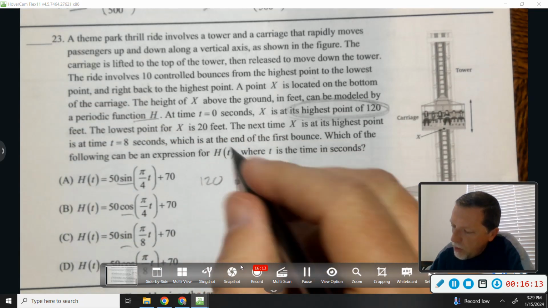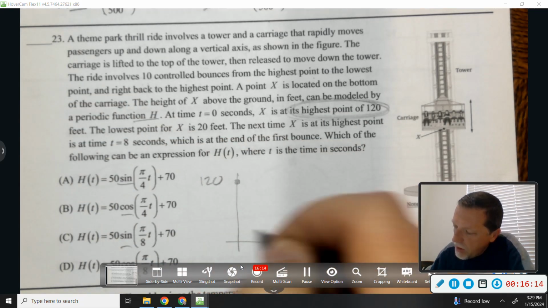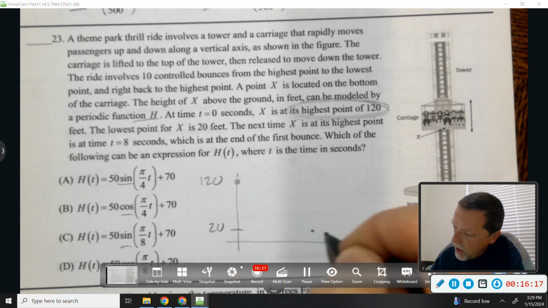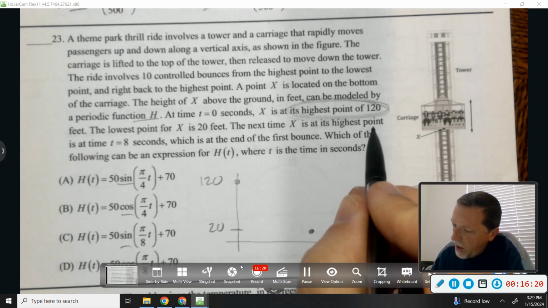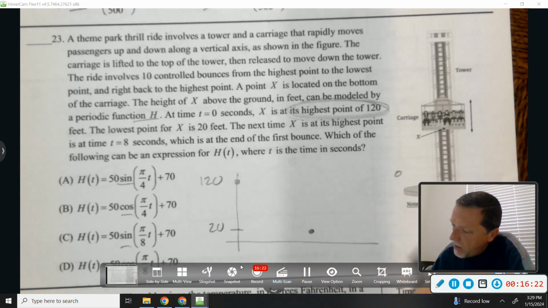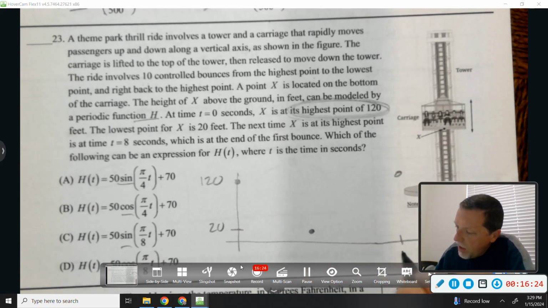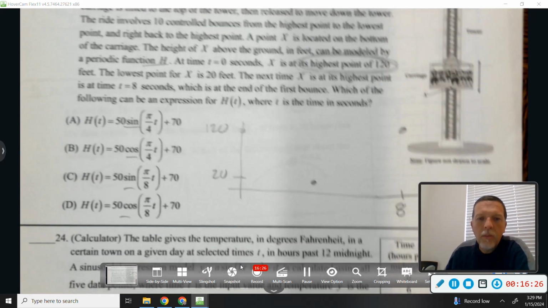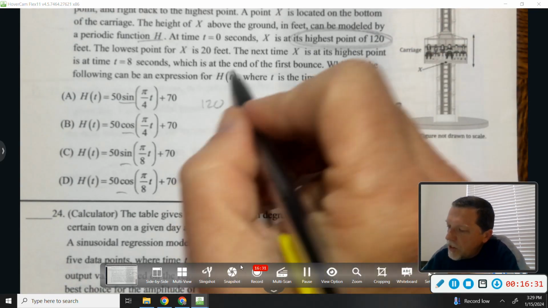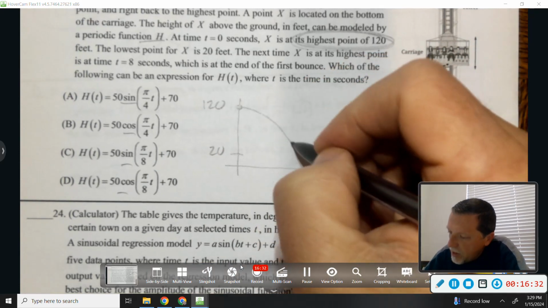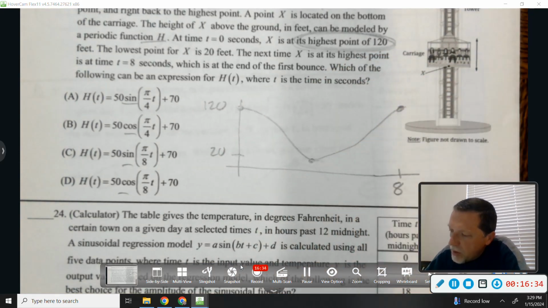The lowest point for X is 20 feet. The next time X is at its highest point is time equals 8. So that's my period there, from 0 to 8, which is the end of the first bounce. That makes sense because it came down and then went back up.